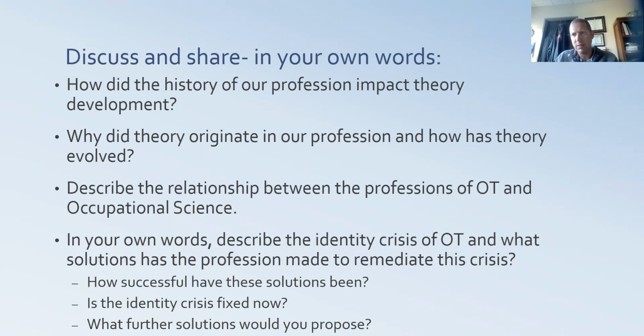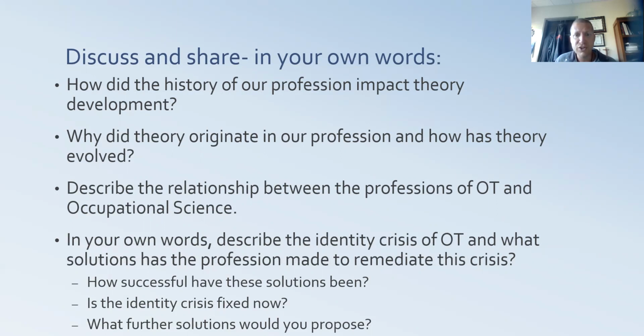Because we were all siloed, and that was creating confusion among us as a profession, but it also was creating a lot of confusion with those with whom we work. So our colleagues, right? Our non-OT colleagues, it was causing confusion with them, and it was causing a lot of confusion with our clients as well, okay?